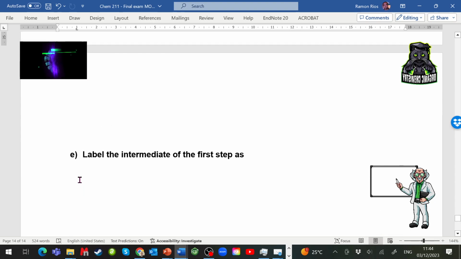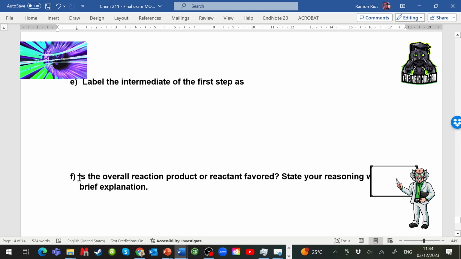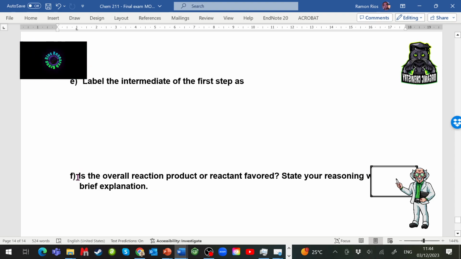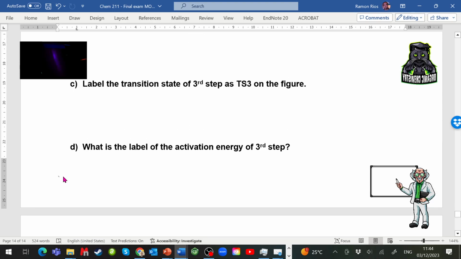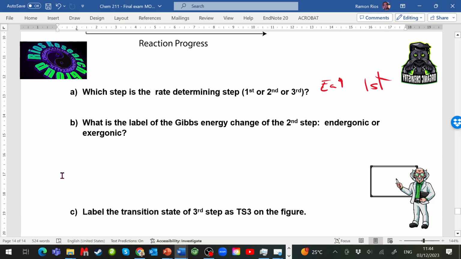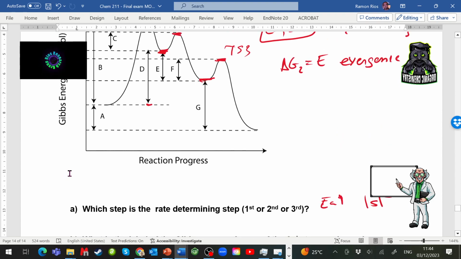Label the intermediate of the first step. There is no intermediate in the first step. There are three consecutive reactions. And finally, the overall reaction. Is the overall reaction product or reactant favored? State your reasoning with a brief explanation. Okay. What we know, if we check the diagram, is that the final products are more stable than the first.